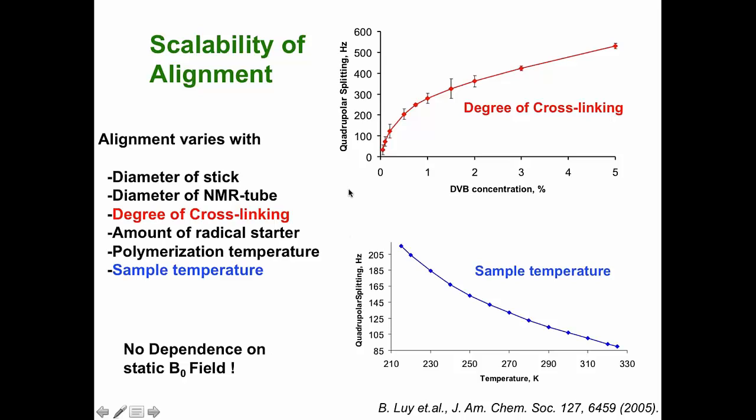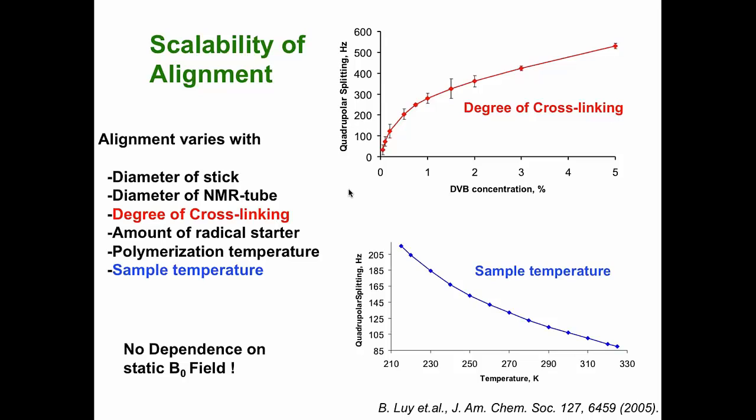This is just for a gel like the one here, a rod that is one centimeter long and almost 4 millimeters in diameter. The main problem with this method is that once you swell that gel inside the NMR tube, the gel will swell and you will have a constant degree of alignment.